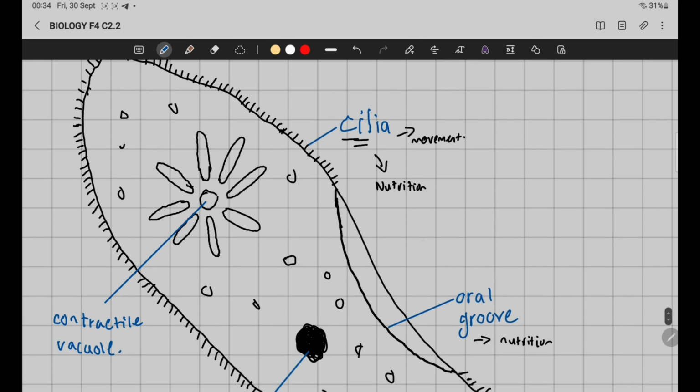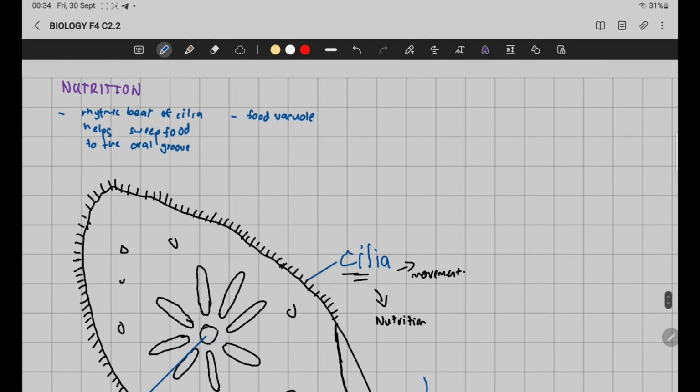Before that, I want to clarify here that the food will enter through the oral groove, as the name suggests, oral and groove. The food vacuole will form as it enters the paramecium, and then again it will combine with lysosome, lysosome plus food vacuole.